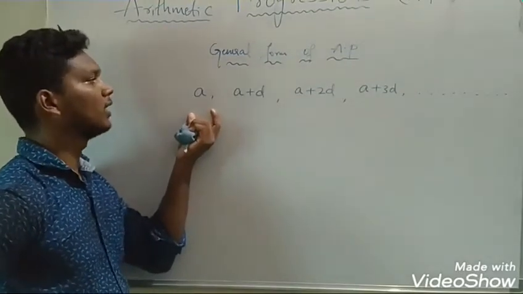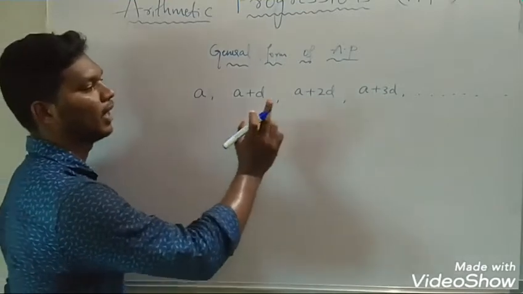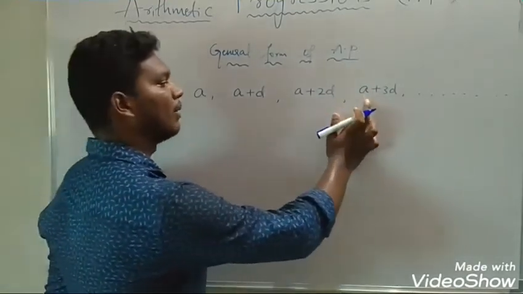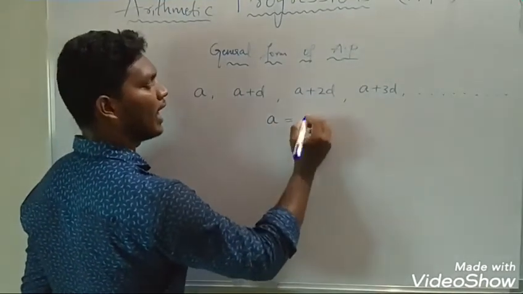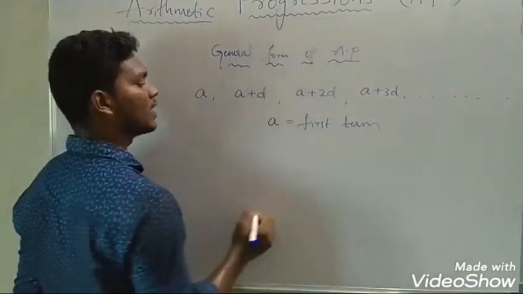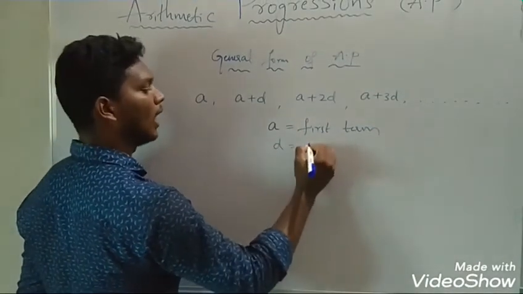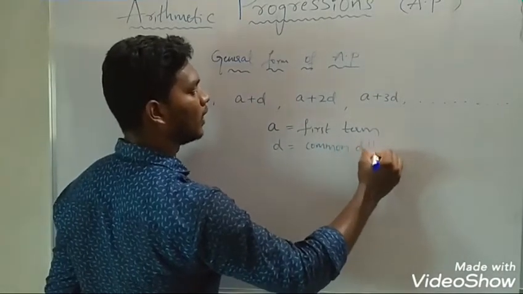Remember that the general form of AP is always a, a plus d, a plus 2d, a plus 3d, and so on. Here A means the first term, and D means common difference.